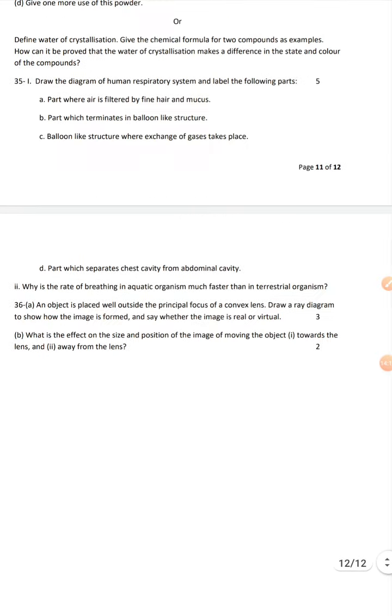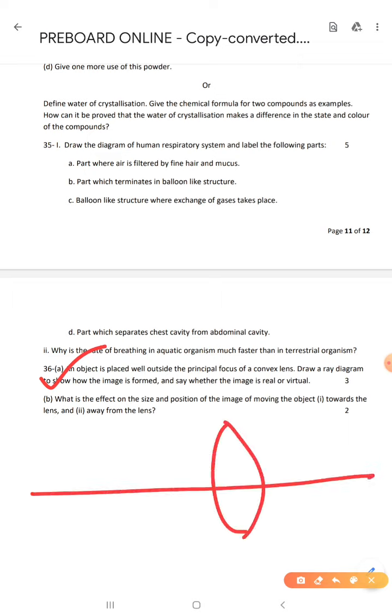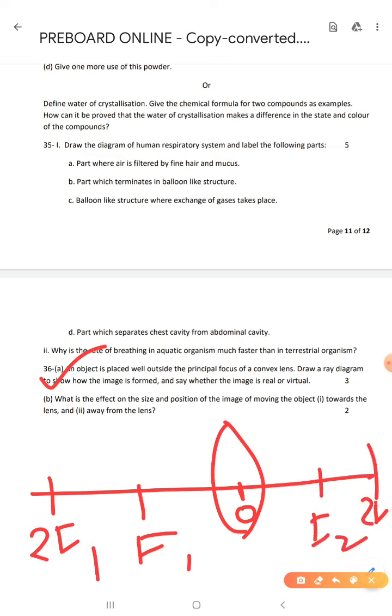And this was our 5 marks question. An object is placed well outside the principal focus of a convex lens. As we know, this is a convex lens. This is the optical center. This is F1, and this is 2F1. Then F2, 2F2. We write like that. Well outside the principal focus, we have to place the object here, then show the image and how it forms.